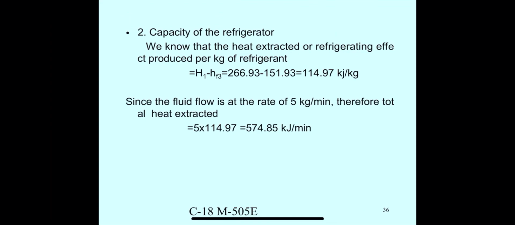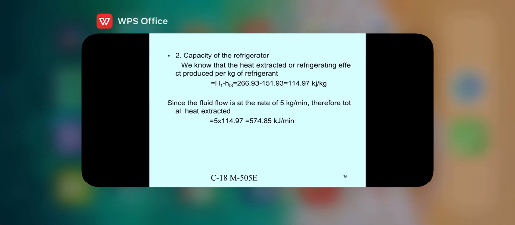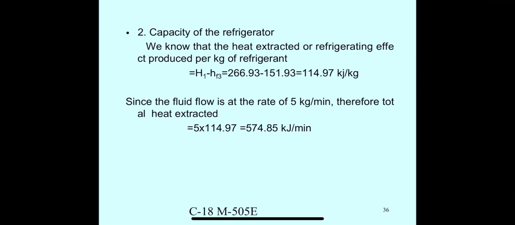Since the mass flow is at the rate of 5 kg per minute, therefore the heat extracted is 5 times 114.97, that is 574.85 kilojoules per minute.